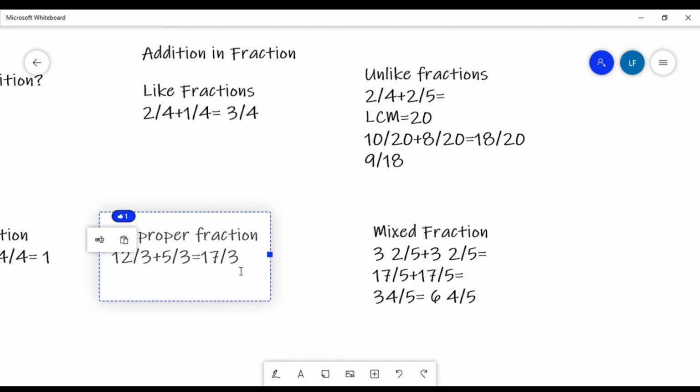Well, 3 times 5 equals 15, which is closest to 17, because if you go for 3 times 6, it becomes 18. So you write it as 5 and 2 by 3.